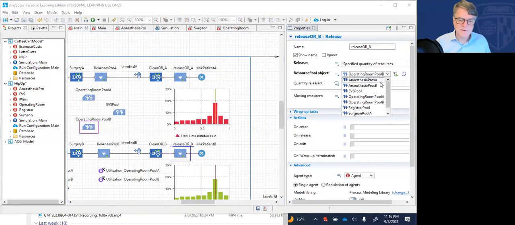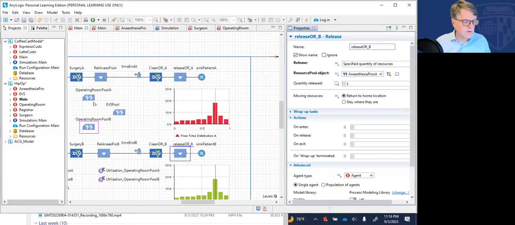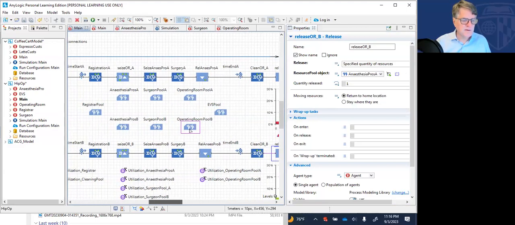So essentially, all of the OR requests are coming out of operating room pool A. There is just one type of resource unit here, and that is operating room. So it doesn't matter that they were split into tracks A and B, or allocated to tracks A and B, but now we're just lumping them together. And again, surgeons can access any of the 4. And that should be enough to estimate performance.